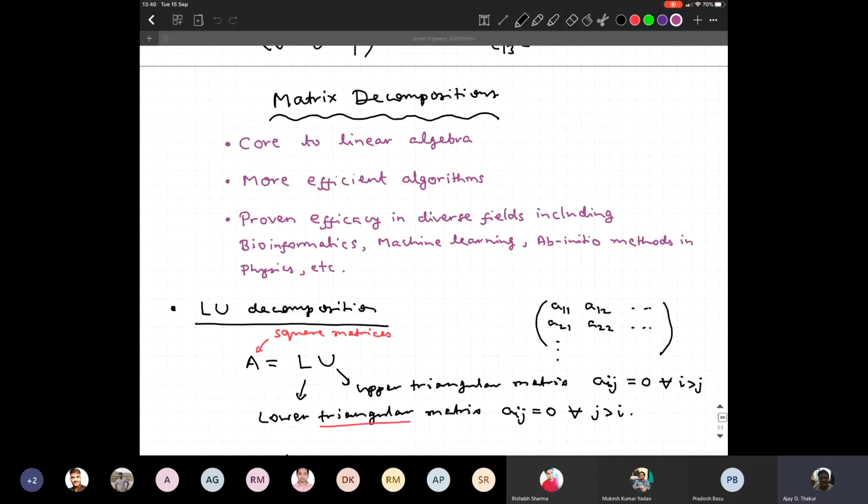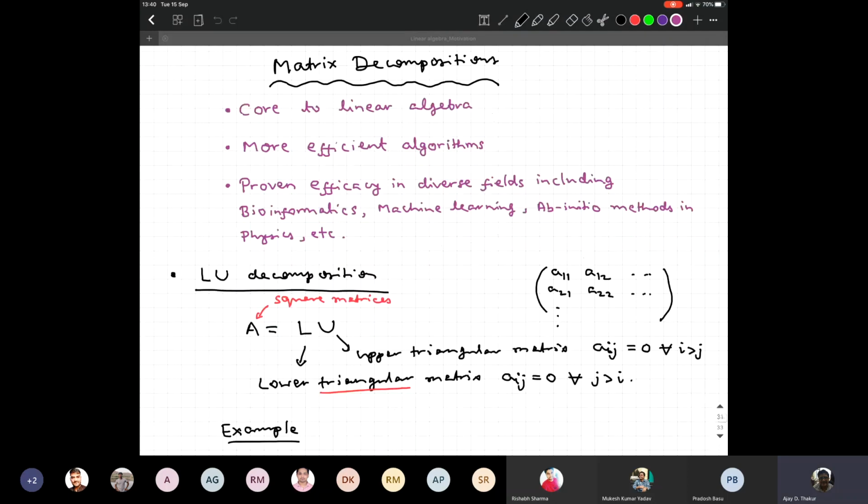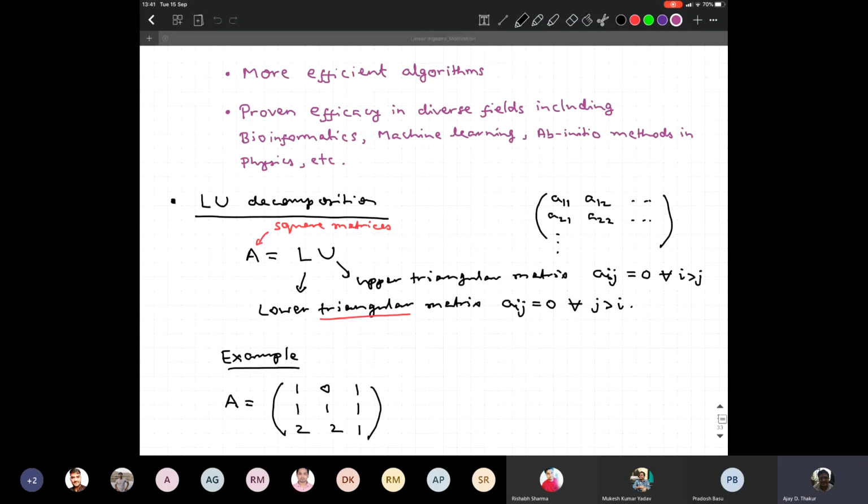One of the most famous decomposition problems is the LU decomposition, where A is a square matrix and one needs to write it as a product of two matrices, L and U. As the name suggests, L is the lower triangular matrix where Aij equals 0 for all j greater than i, so all the column indices are greater than the row indices.